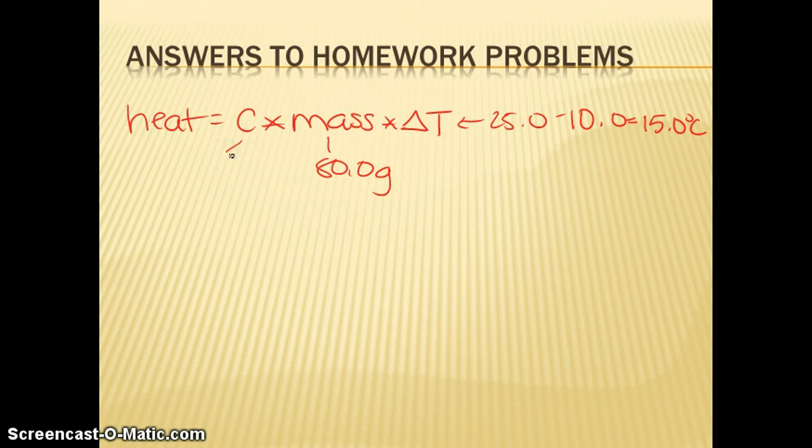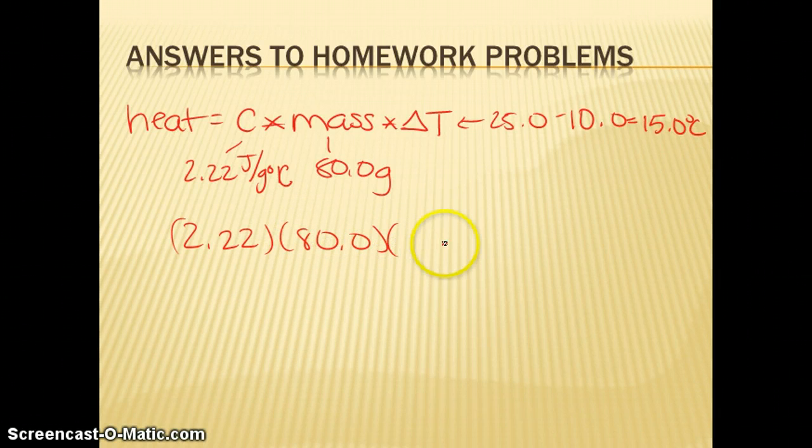And then C, this is something we have to look up because you're not required to know the specific heat for octane. And so they tell us that it's 2.22 joules per gram Kelvin. Okay, but remember it's the same thing as degrees Celsius for these types of problems. So now we're ready to plug this in, and we take our 2.22 times the 80 grams times our delta T, which was 15.0.